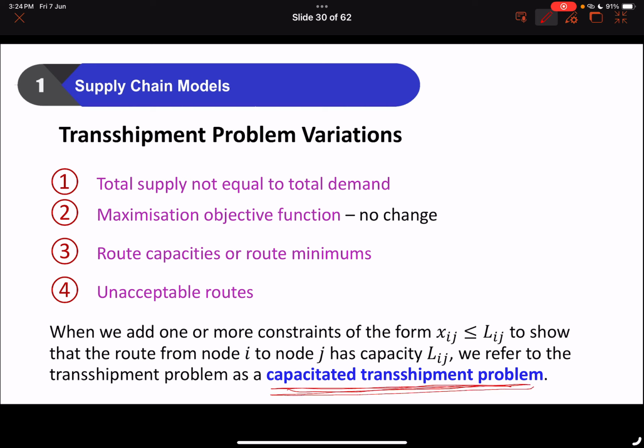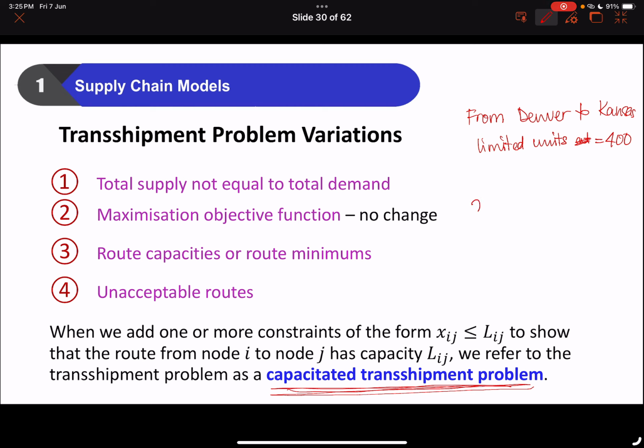That means that, say, from Denver to Kansas City there are limited units, let's say the limit is 400.